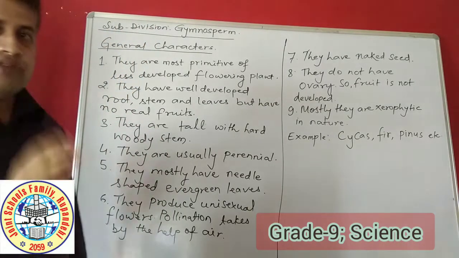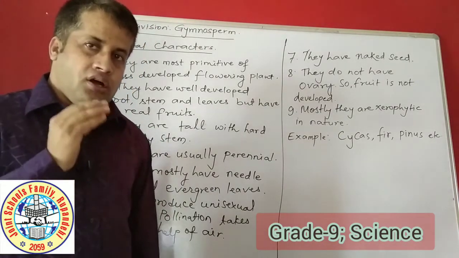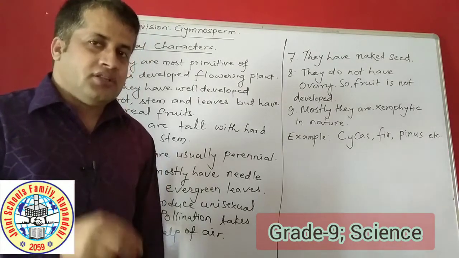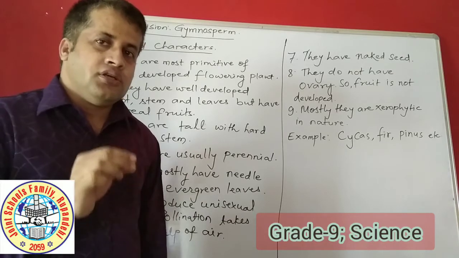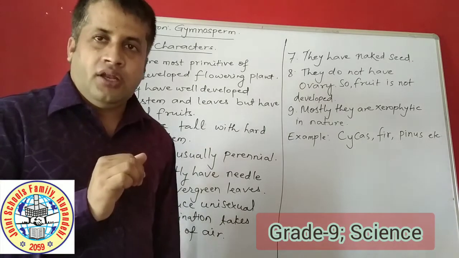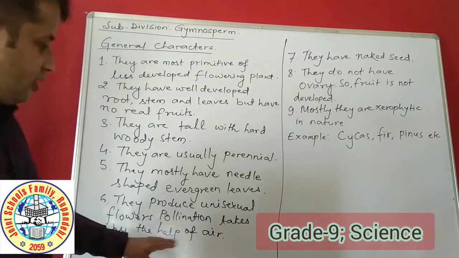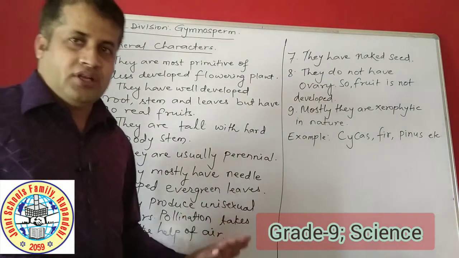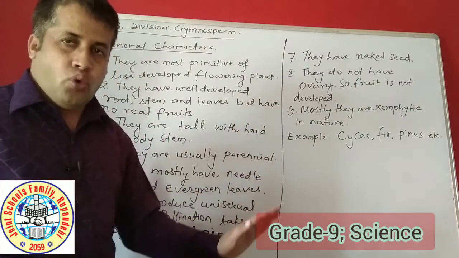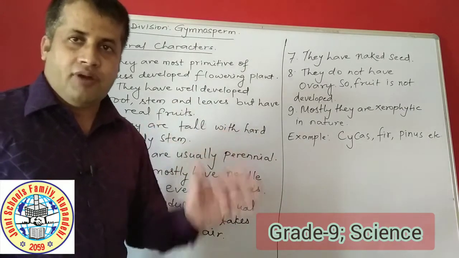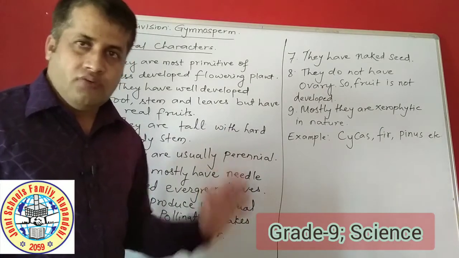Since they have unisexual organs, the pollination should take place with the help of an agent, and in that, air is the one which will transmit the pollen grains from one flower to another flower.